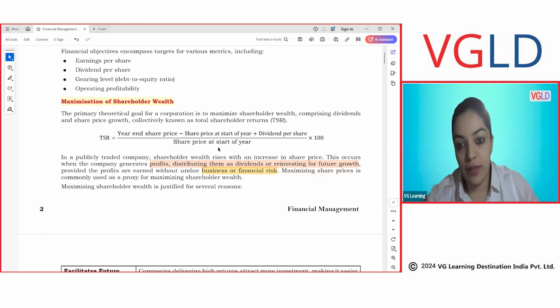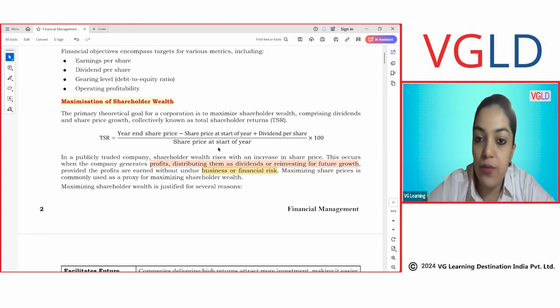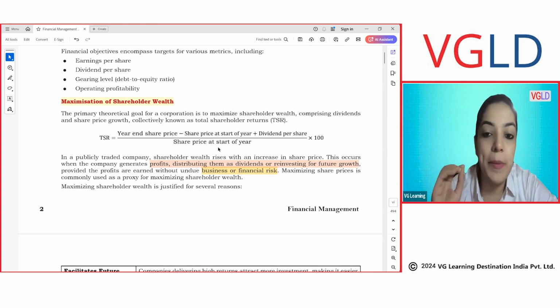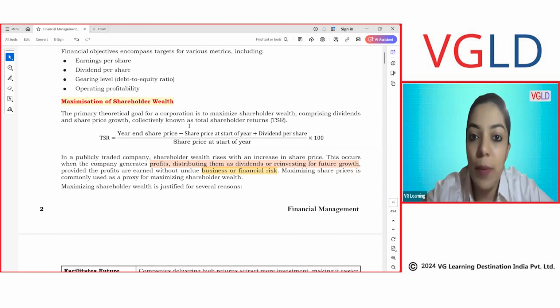So business risk means, I'll give you one example. The risk which is there because you are in a particular line of business. For example, ITC. ITC is in tobacco business.